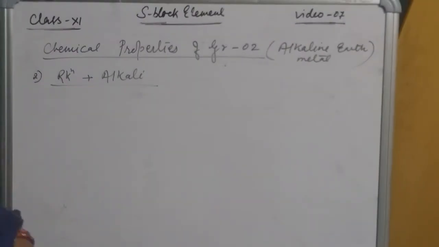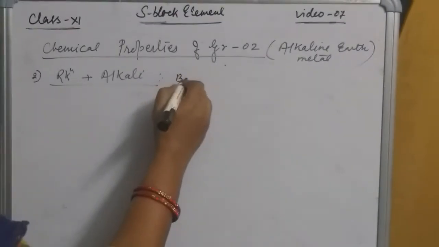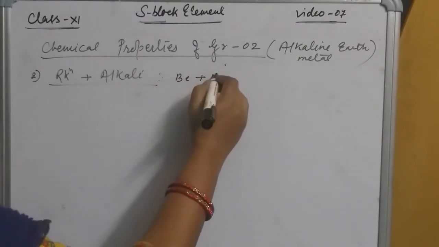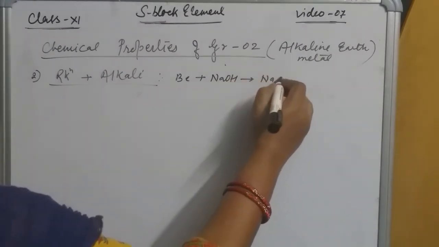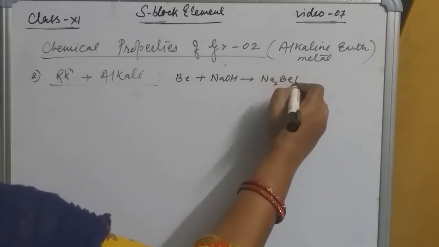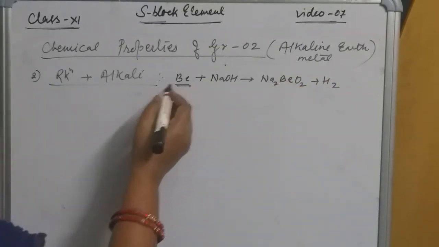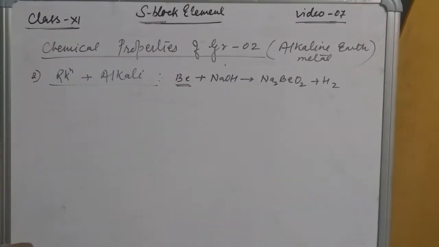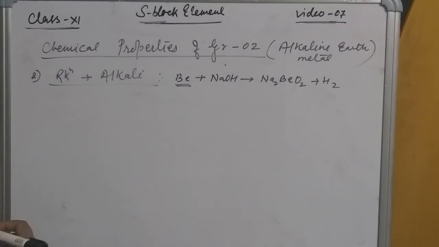For example, beryllium reacts with sodium hydroxide to form the compound Na2BeO2 plus H2. So it shows that this element is amphoteric in nature. Being a metal, it reacts with acid as well as with base.